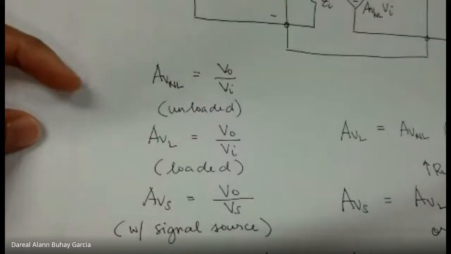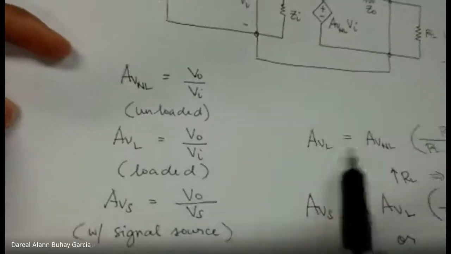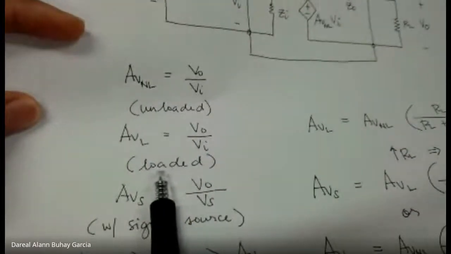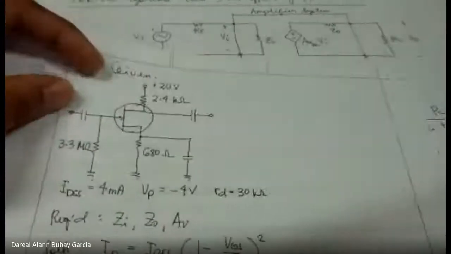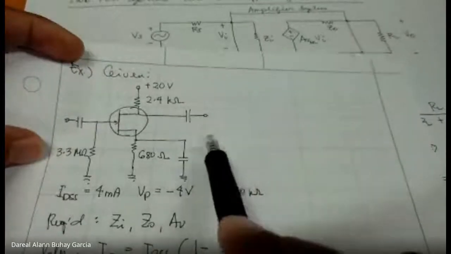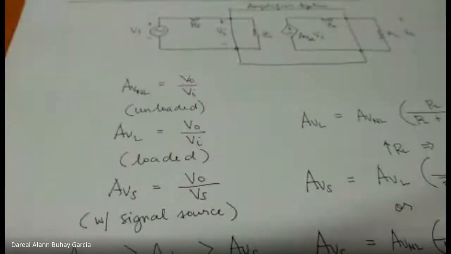So, the voltage gain for a loaded circuit with the effect of RL, let's say, what if we connect a load to the device, or a load resistor, if we want to model it as a resistance.